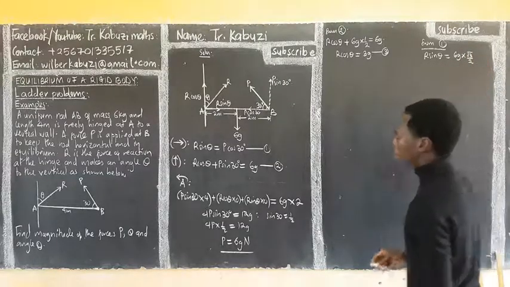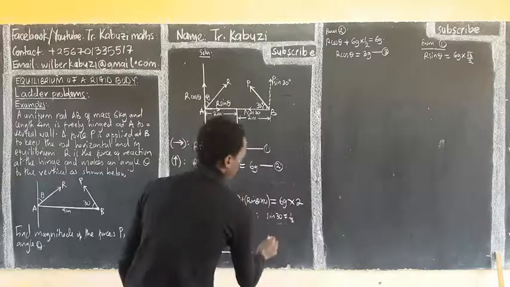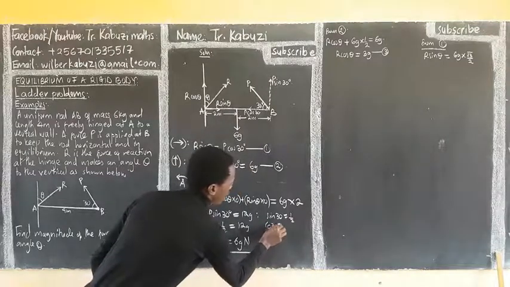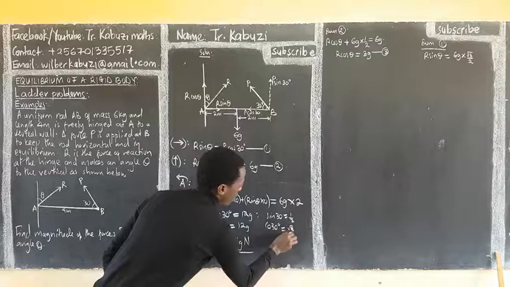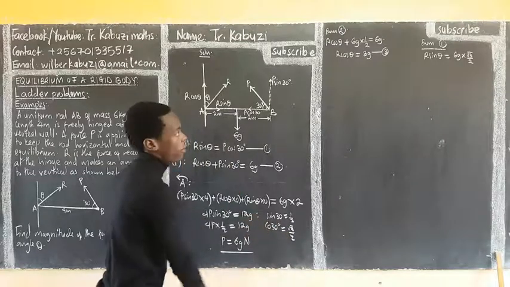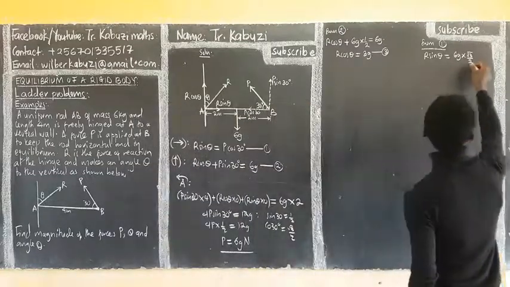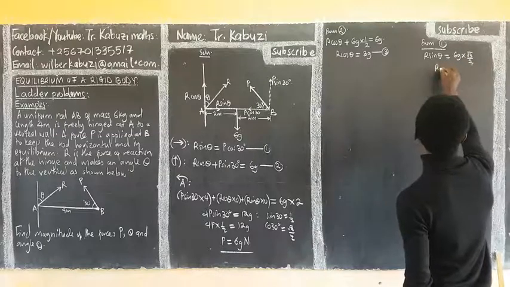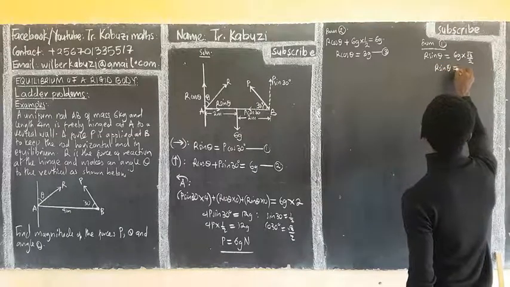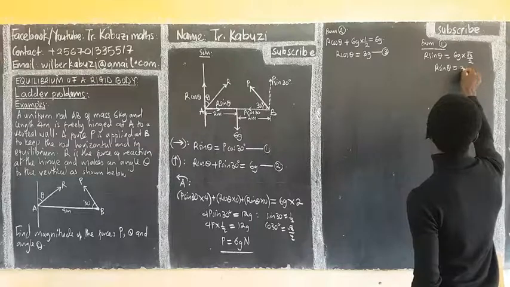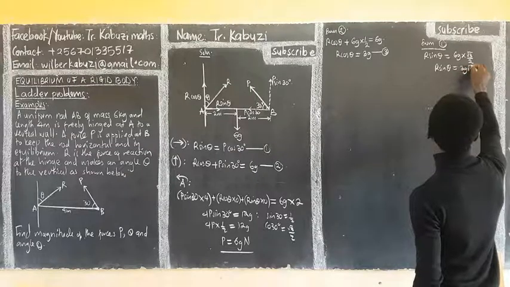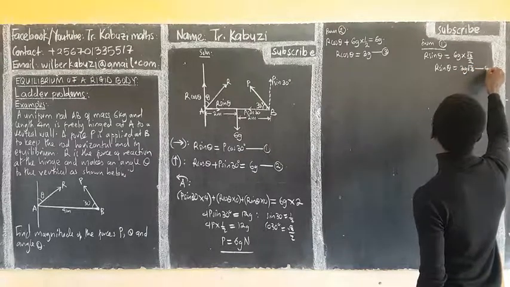These are special angles. So our R sin theta is going to give us 3B root 3. I call this equation 4.